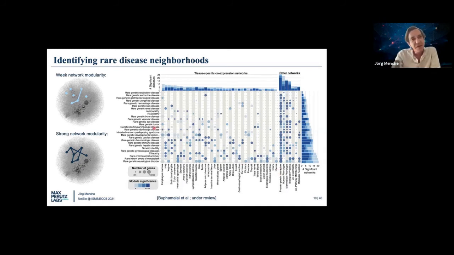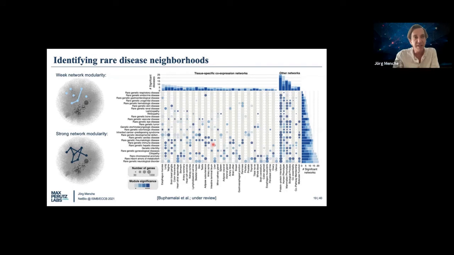And the second point that I want to make is here on the left side, where we have tissue-specific networks that we build from tissue-specific expression data, which show that different rare diseases have very distinct patterns of modularity in different tissues.